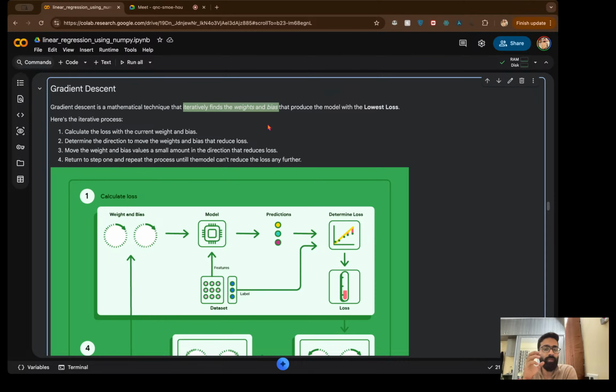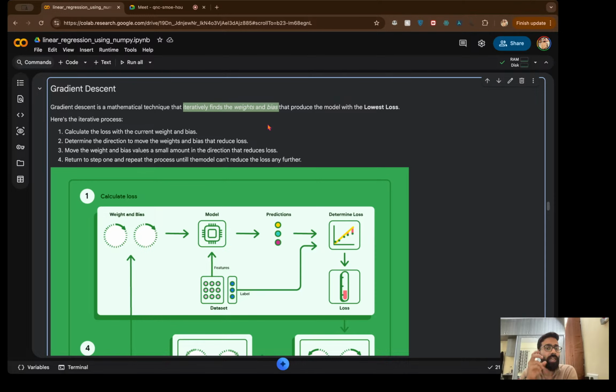When we run this algorithm, where will we run it? On our data set, on our training set. This is the part of our machine learning model, training the model, correct? So to find the values of weights and bias, we are using this gradient descent mathematical technique, and it will iteratively find the weights and bias.